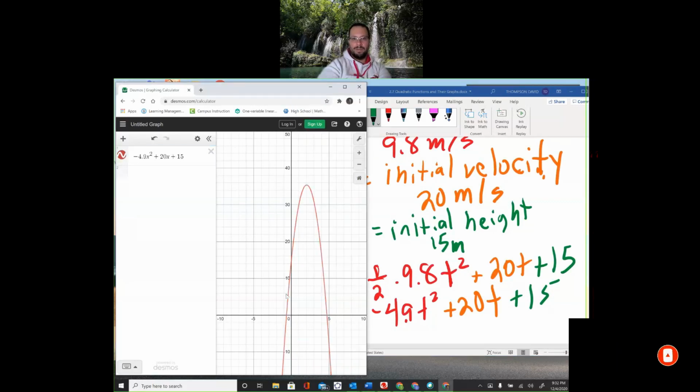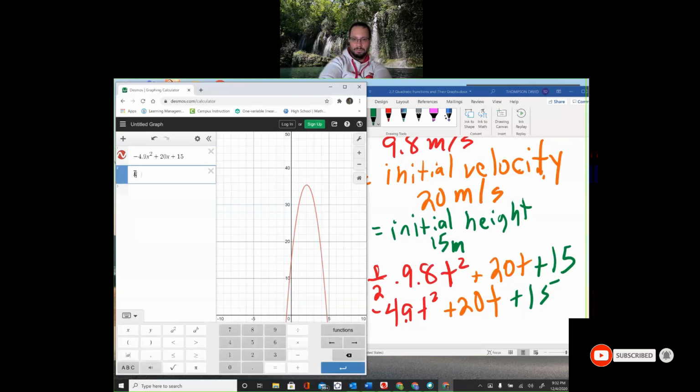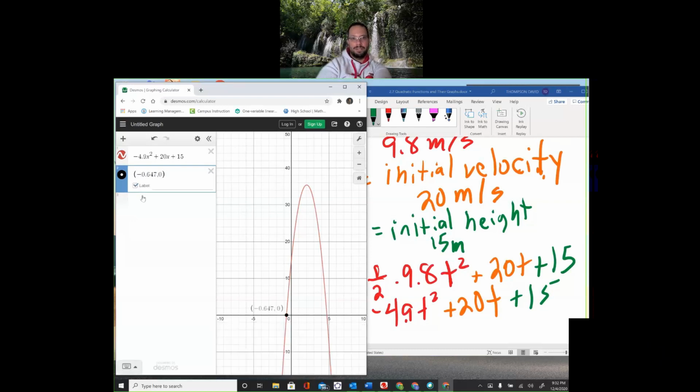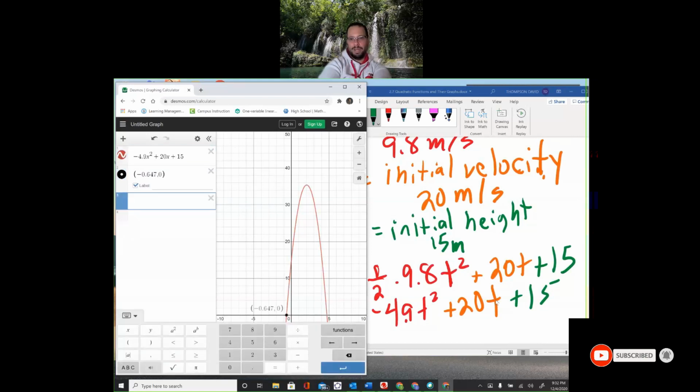Let's label that. There's our first x-intercept. We have a y-intercept at 0, comma 15, which makes sense because that's our initial height. And we'll label that point.